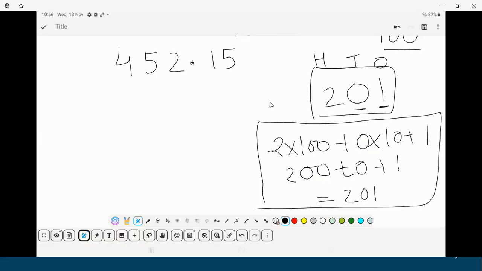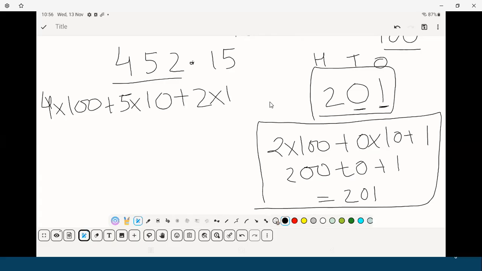So how are we going to represent the whole number? Simply it will be 4 into 100 plus 5 into 10 plus 2 into 1. And then we have the point. Okay, I'm not able to make the point. Okay, this is a point. Now suppose I want to represent this 0.15 in decimal.